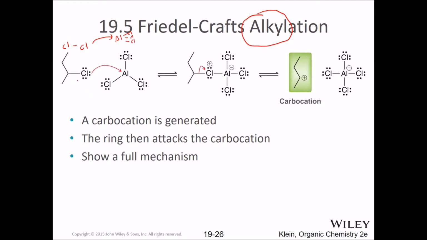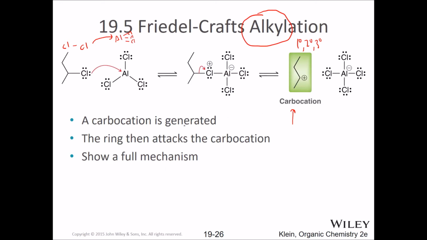With alkylation, a Lewis acid like AlCl3 comes in, and the halide complexes with it. Now when that happens, the chlorine doesn't like to have a positive on it, right? So these electrons will go off and you'll be left with a carbocation. What is this? A primary, secondary, tertiary carbocation? Say it out loud. What kind of carbocation is that?